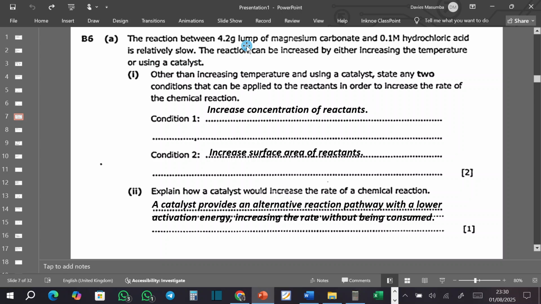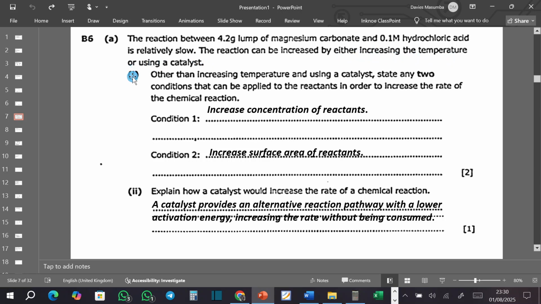We are told that there is a reaction of magnesium carbonate, which is 4.2 grams, and hydrochloric acid, which is 0.1 molarity. They're saying this reaction is slow, it's not going fast. Then they're saying the reaction can be increased, meaning it can be made to go faster, by either increasing the temperature or using a catalyst.